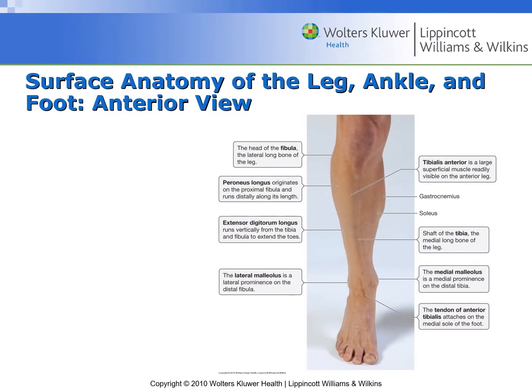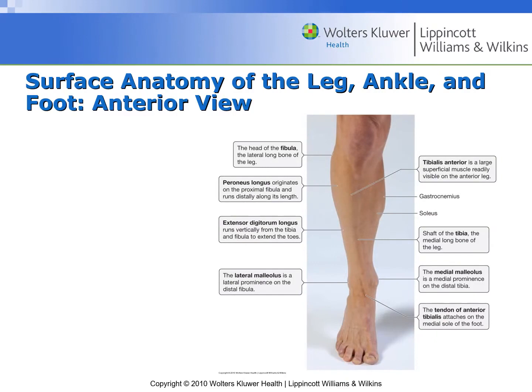The peroneus longus originates on the proximal fibula and runs distally along its length. The extensor digitorum longus runs vertically from the tibia and fibula to extend the toes. The lateral malleolus is a lateral prominence on the distal fibula.